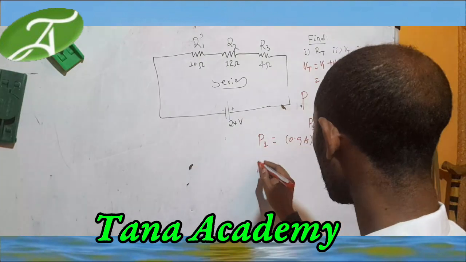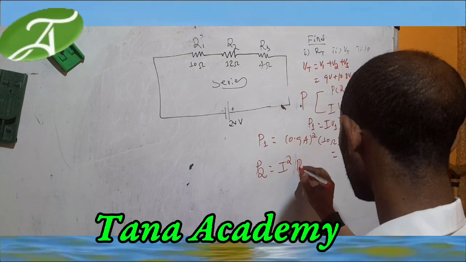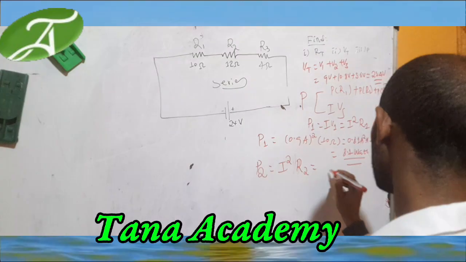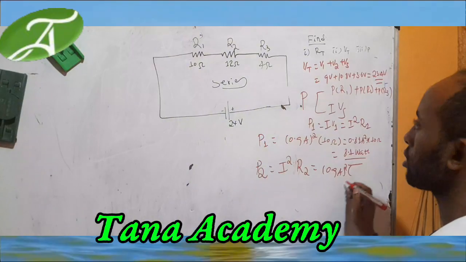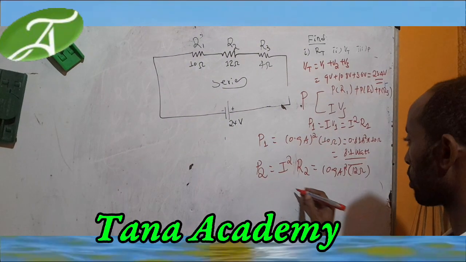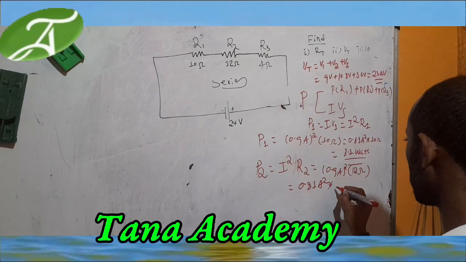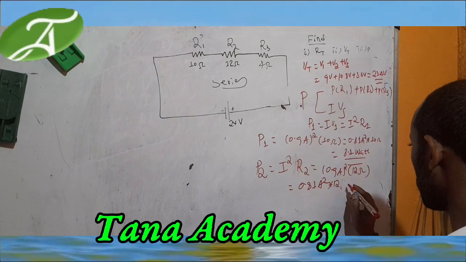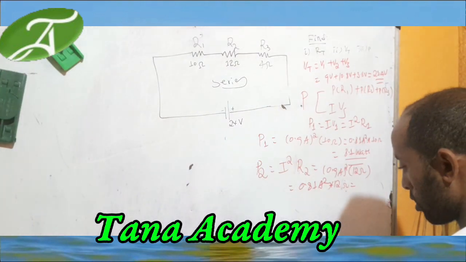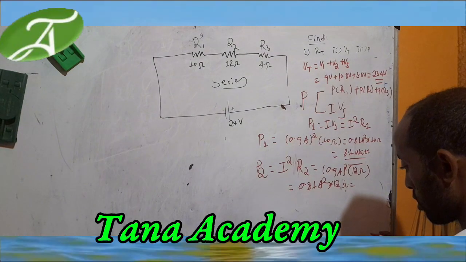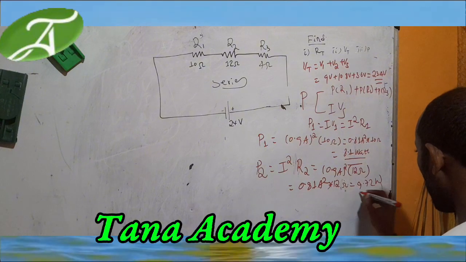While P2 is equal to I squared R2, while I is 0.9 ampere squared into what? R2 is 12 ohm, is equal to 0.81 ampere squared times 12 ohm, and it becomes 9.72 watts.